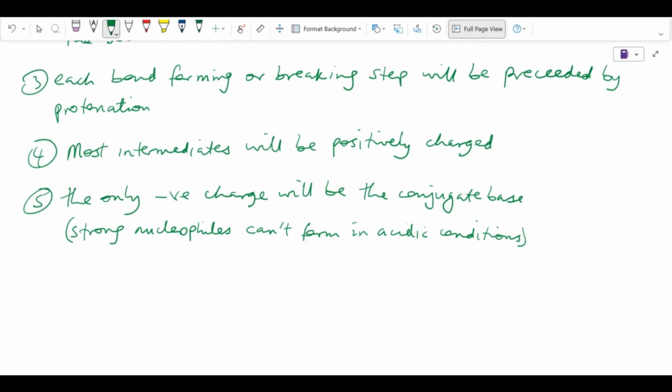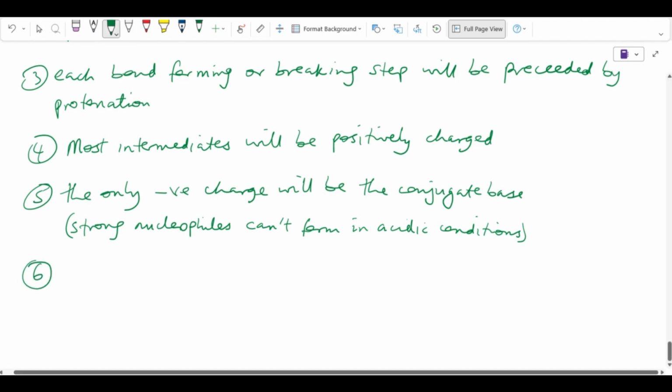So in other words, we know that strong nucleophiles most times are also strong bases. So whenever you form negative charges, that means you are forming a strong base. And you can't be forming a strong base when the reaction mechanism is acidic. This is why you are not allowed to form negative charges under acidic conditions.